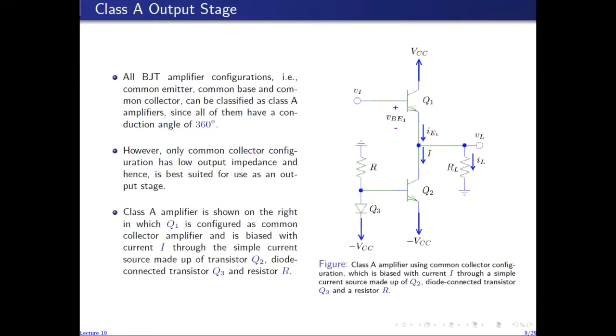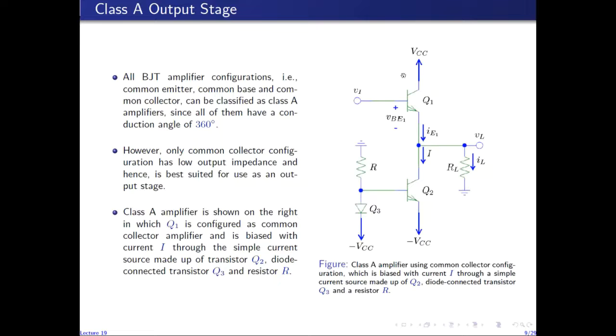So the figure here on the right shows a class A amplifier in which the transistor Q1 is configured as a common collector amplifier. That is, the input is applied at the base, and the output or the load is connected to the emitter.